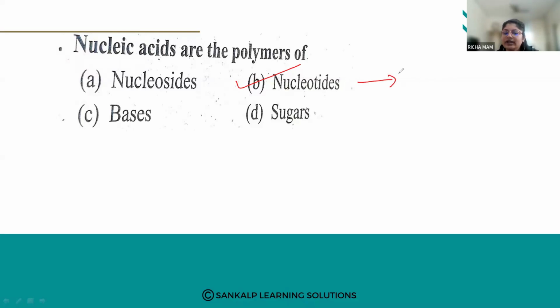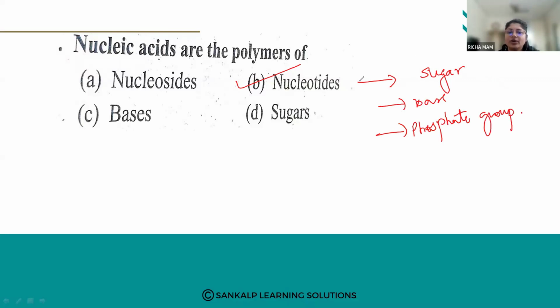These nucleotides consist of three parts: one is the sugar, one is the nitrogenous base, and another is the phosphate group. So nucleic acids are polymers of nucleotides, option number B.